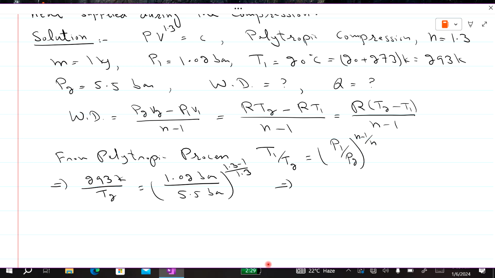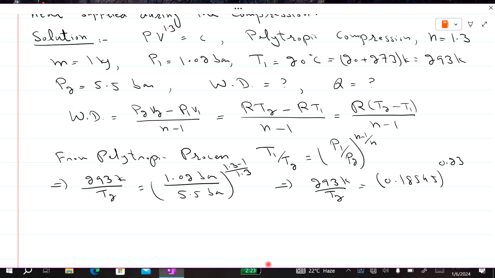So 293 Kelvin divided by T2 is equal to P1 divided by P2, 1.02 divided by 5.5, which is 0.18545, to the power (1.3 minus 1) divided by 1.3, which is 0.23.